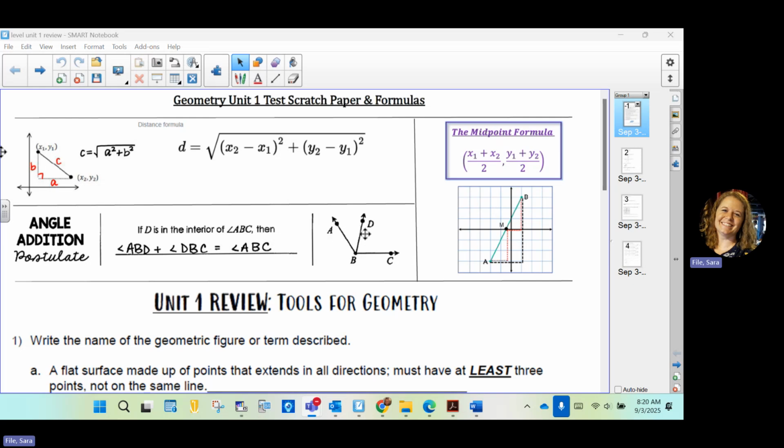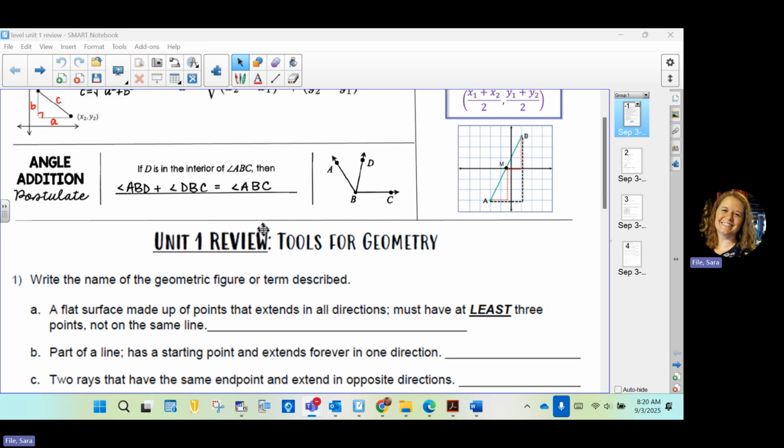You add those two smaller angles together to get the whole angle, right? Do y'all remember that? Okay, so those are the reminders. That's what's on the formula chart / scratch paper you're going to get, so you don't have to have those formulas memorized.